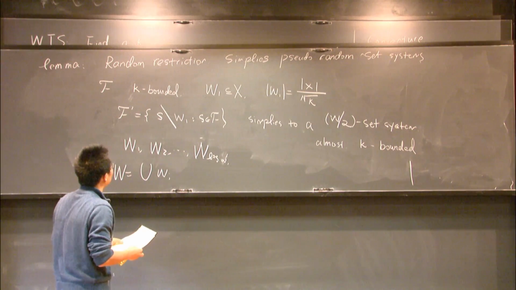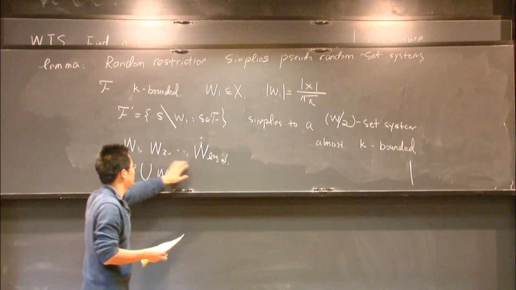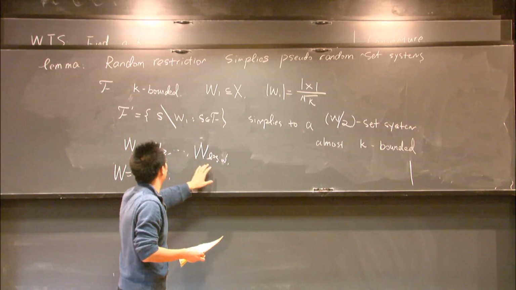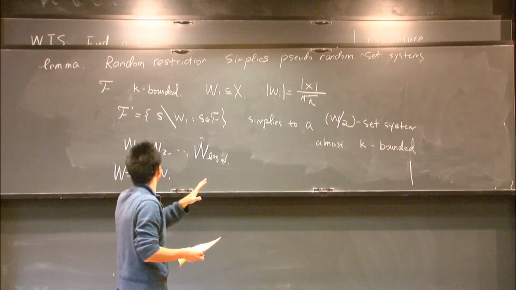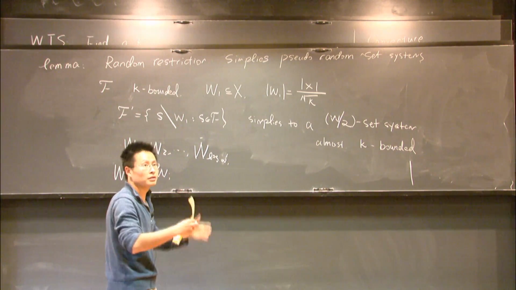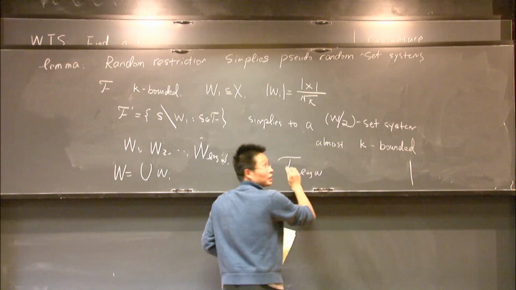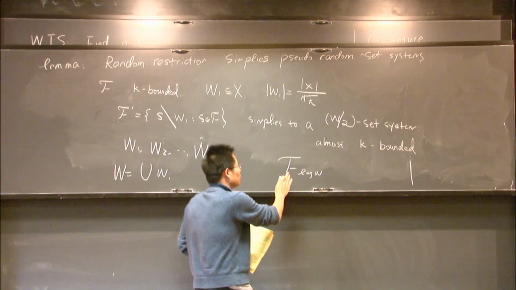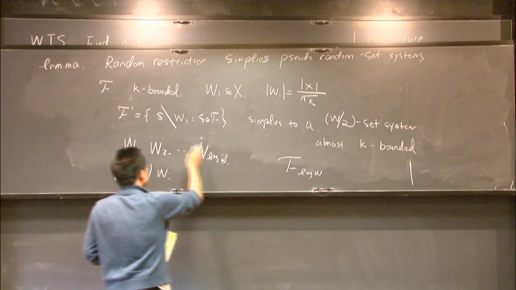Now for the second round, we're going to remove all of W2, and then the rest of this side. After these log W rounds, if there is an empty set inside, it means there exists a set covered by the union of these sets.